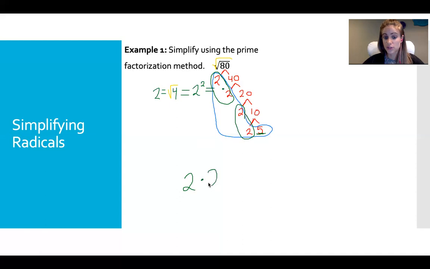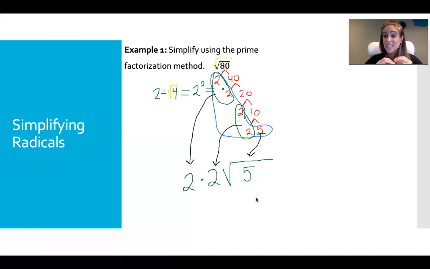So another 2 comes outside of your radical because they were perfect squares. But your 5 doesn't have a pair. He's not a perfect square, so he has to stay inside. And in case some of you need that, this 2 came here, this pair of 2's is here, and this 5 is here.